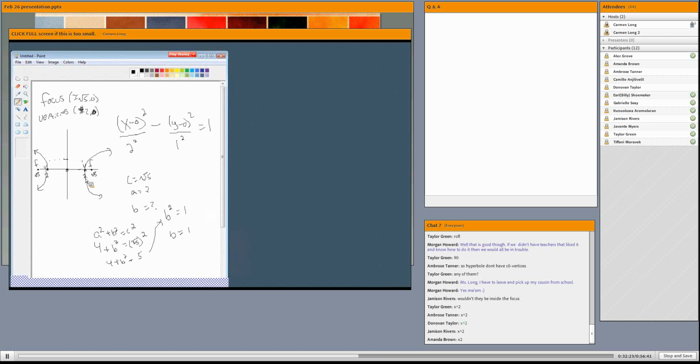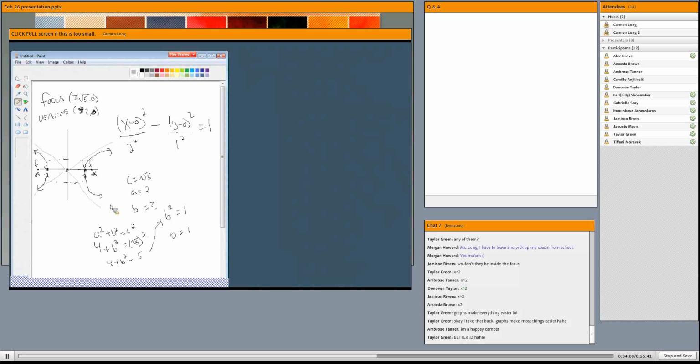Is going to be similar. Drawing a graph helps. The distance from the center to the focus is always c. If you're in a parabola and you're working on the parabolas, guess what? The distance from the center is c.